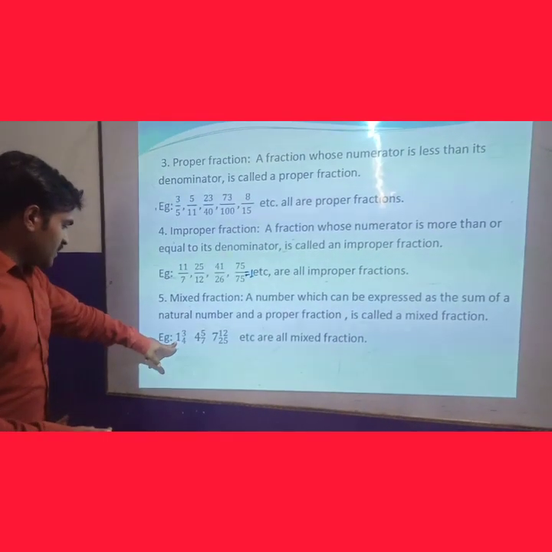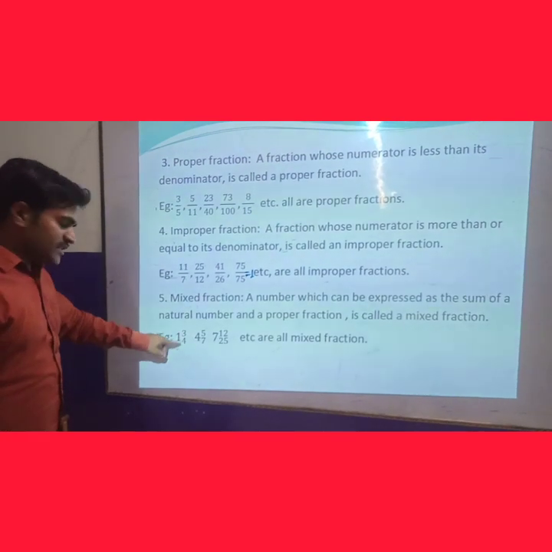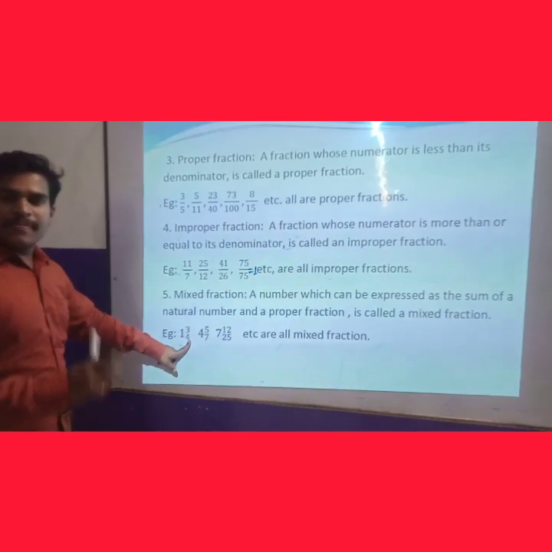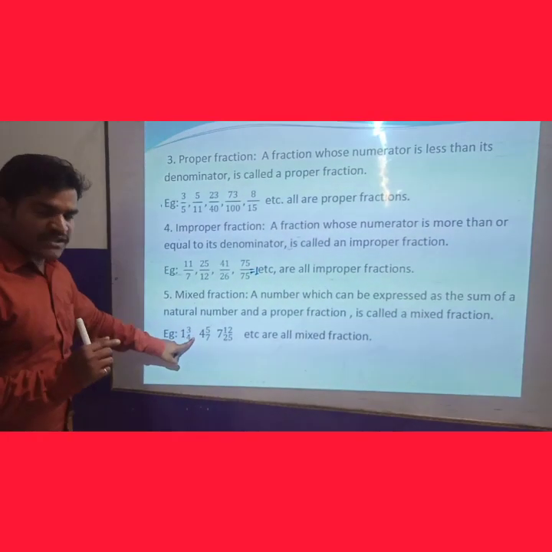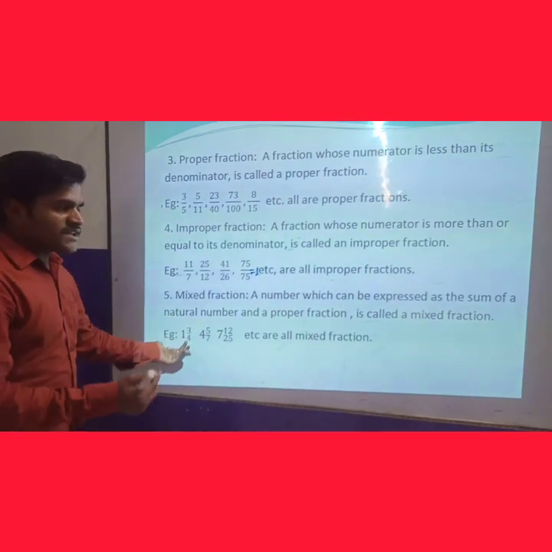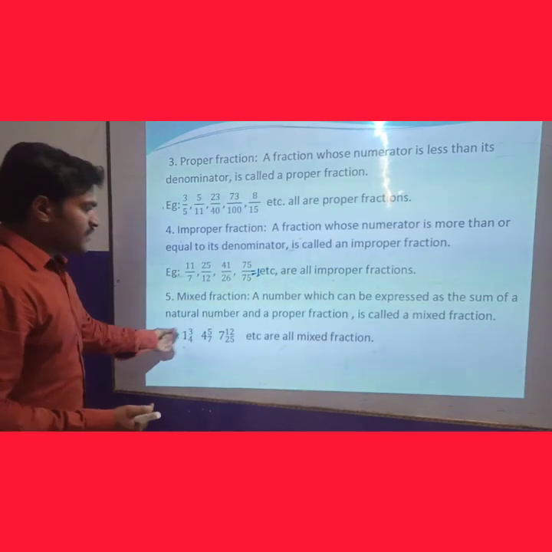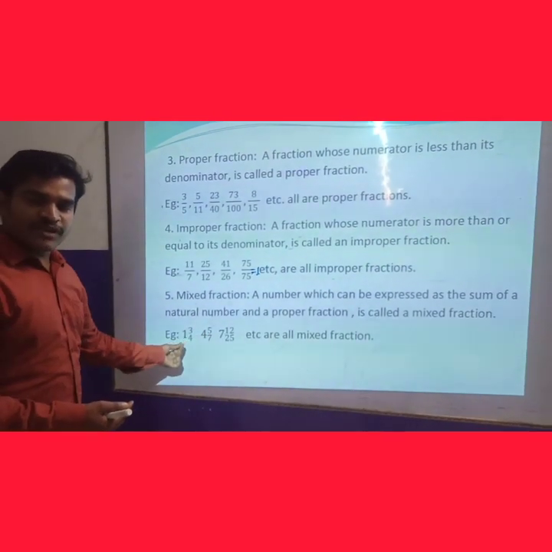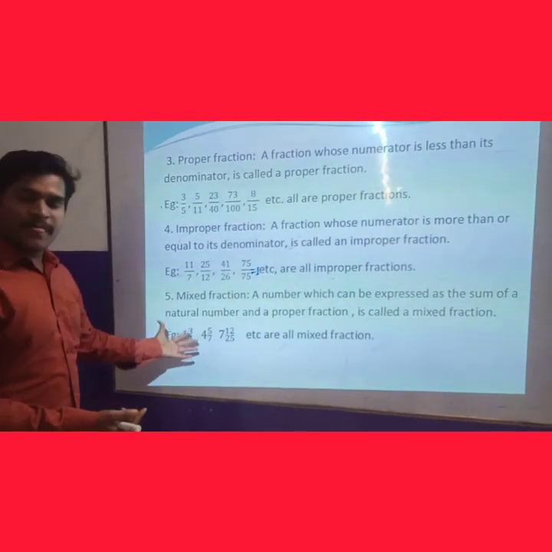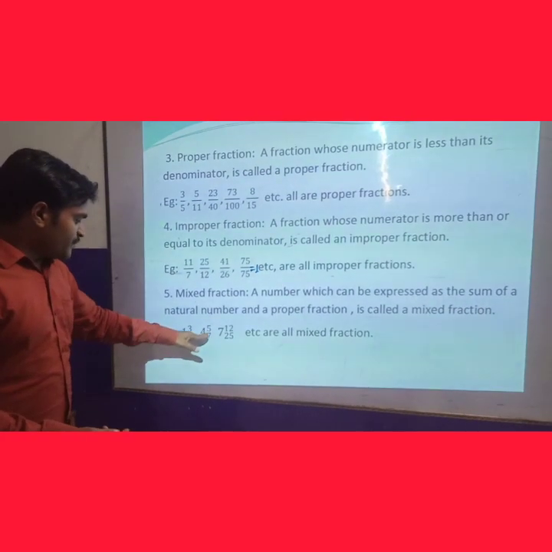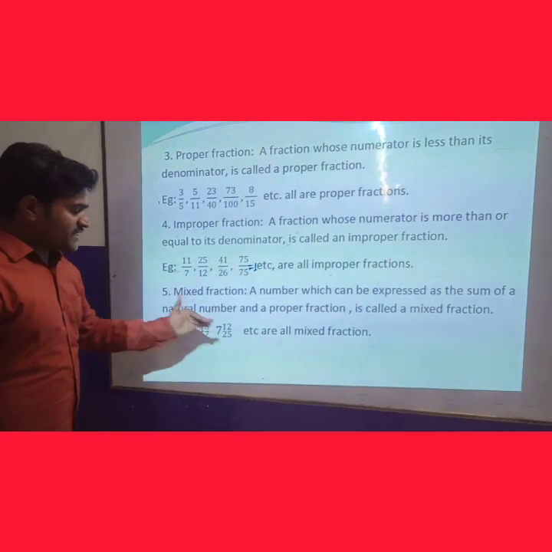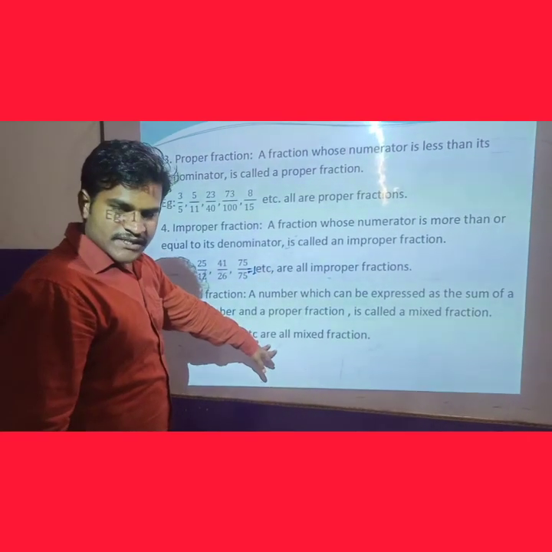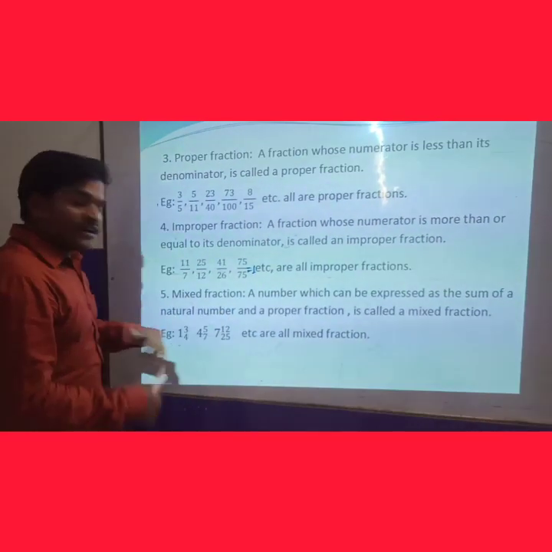For example, 1 complete 3/4. 1 is the natural number and 3/4 is the proper fraction. So these are mixed fractions. Also 4 complete 5/7, 7 complete 12/25. All are mixed fractions. Like that, you can write more examples.